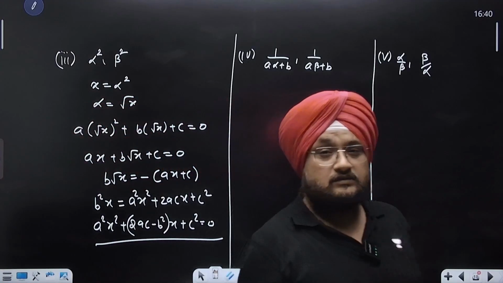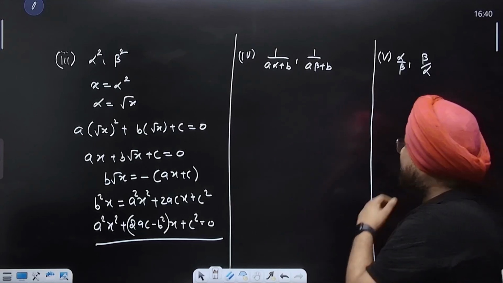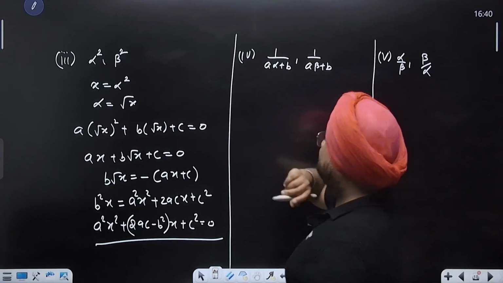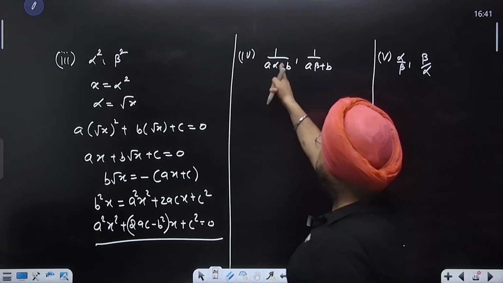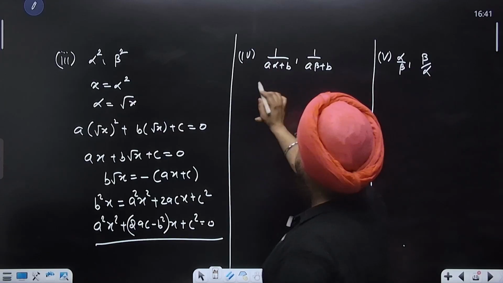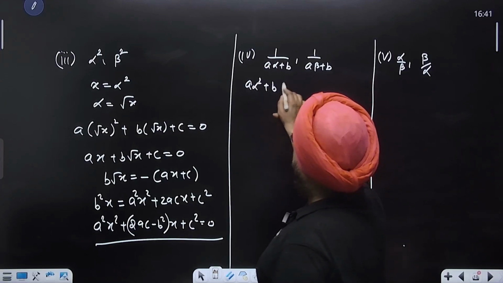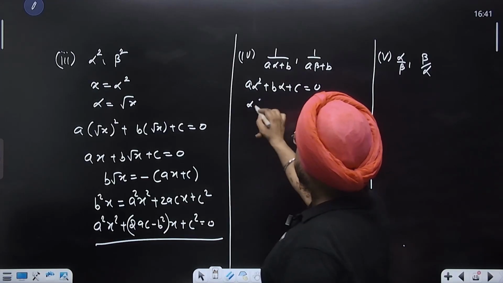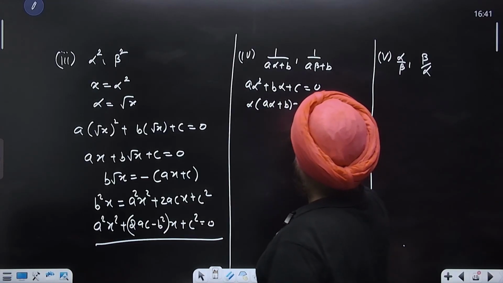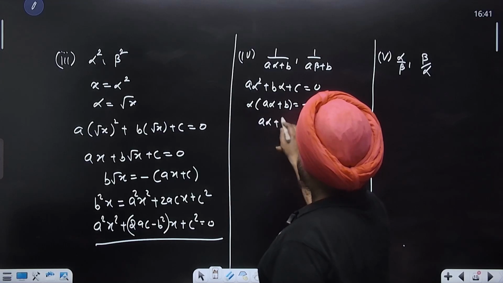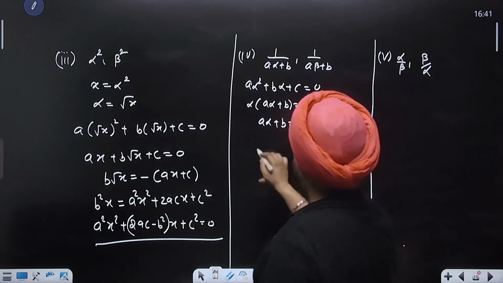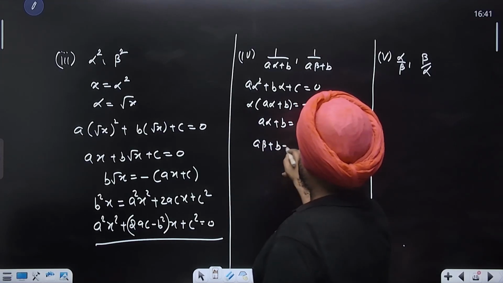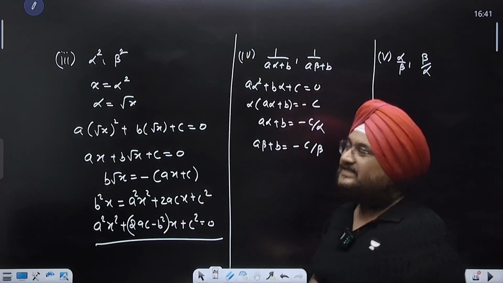For a alpha plus b, now this is a non-pleasing term, and we have covered it earlier in the previous lecture that you can write a alpha plus b as minus c by alpha and a beta plus b as minus c by beta.